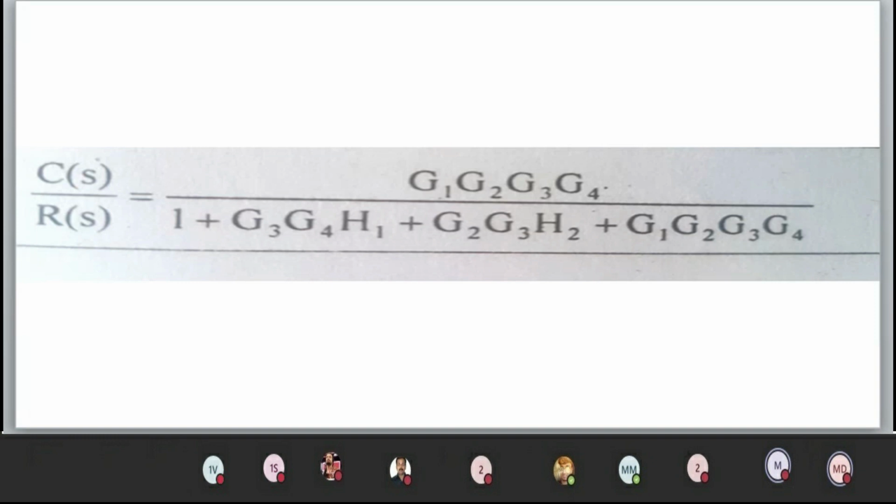All represents the gain of each individual system. So kindly understand, doing block diagram reduction, if you understand the basic rules, basic methods for elimination of the blocks, it becomes too simple.